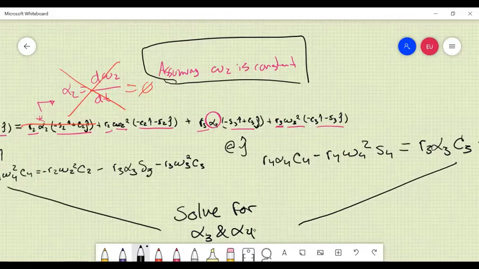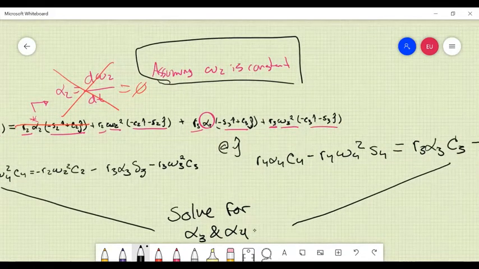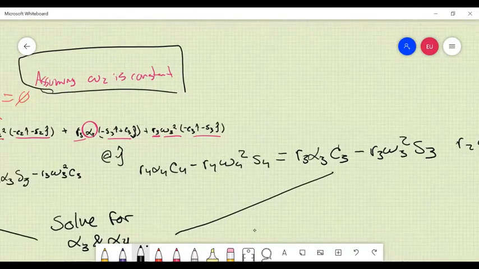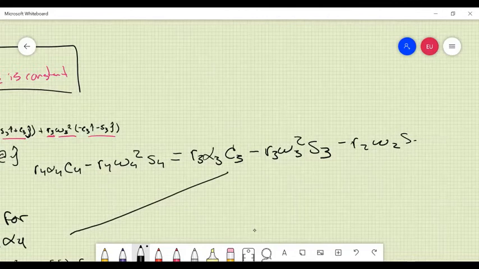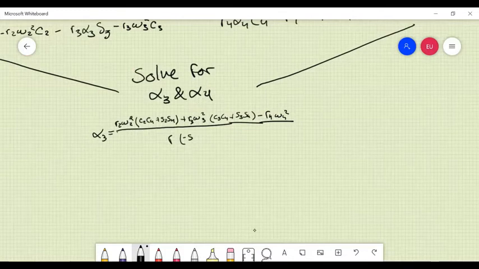No, creo que ahí se le fue. Which one I missed? I missed R2 omega 2. Ah, sí, cierto. Omega 2, minus, yeah, you're right, minus sine of theta 2. This is squared. Yeah, sorry for that. Thank you, Paul.